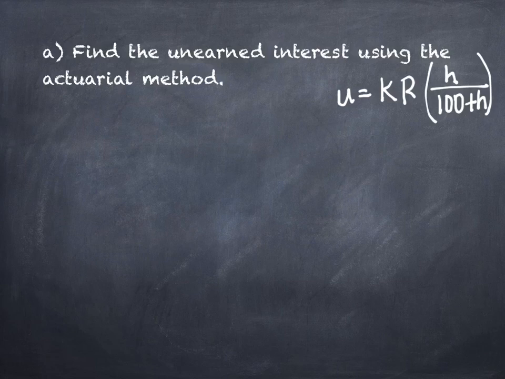Okay. So I can't remember which one was listed first when we talked about them, but I guess R was. R was their regular monthly payment. We didn't actually find that a moment ago, but we found out how much money they actually had to pay, right? How much did they borrow? $400.